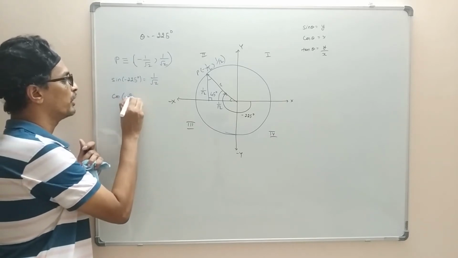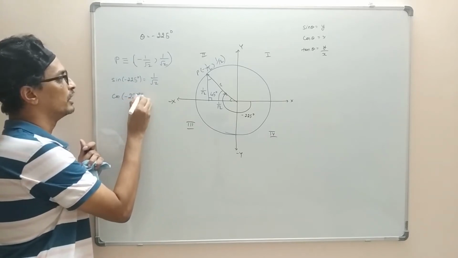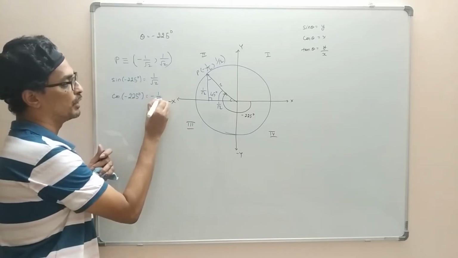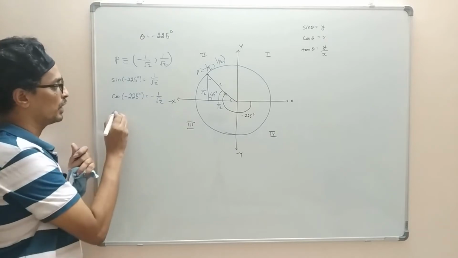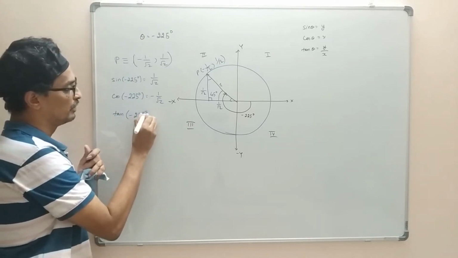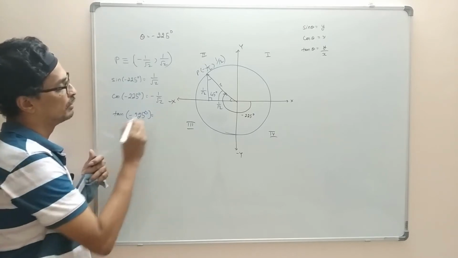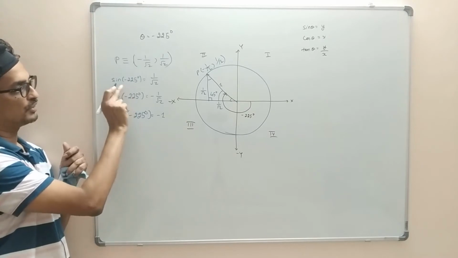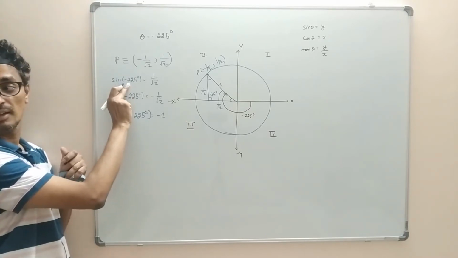Cos minus 225 degree will be negative 1 by root of 2. Okay. And tan minus 225 degree will be minus 1. See, actually, if you want to, you can check: what will be sine 225 degree?